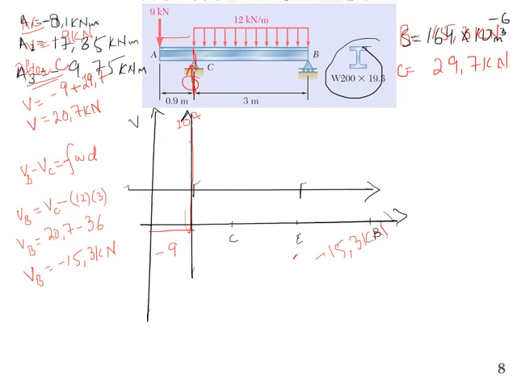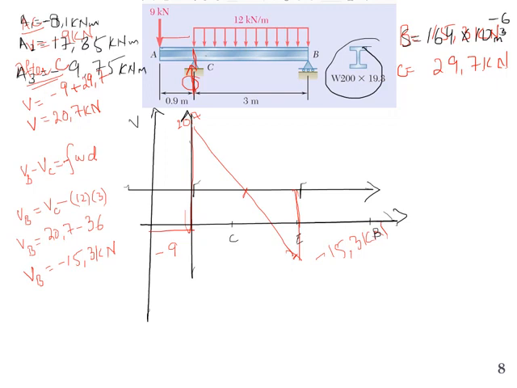And since we have a uniformly distributed load, the variation of shear force will be linear. So this variation will be linear. Now, shear force is 0 at this location.